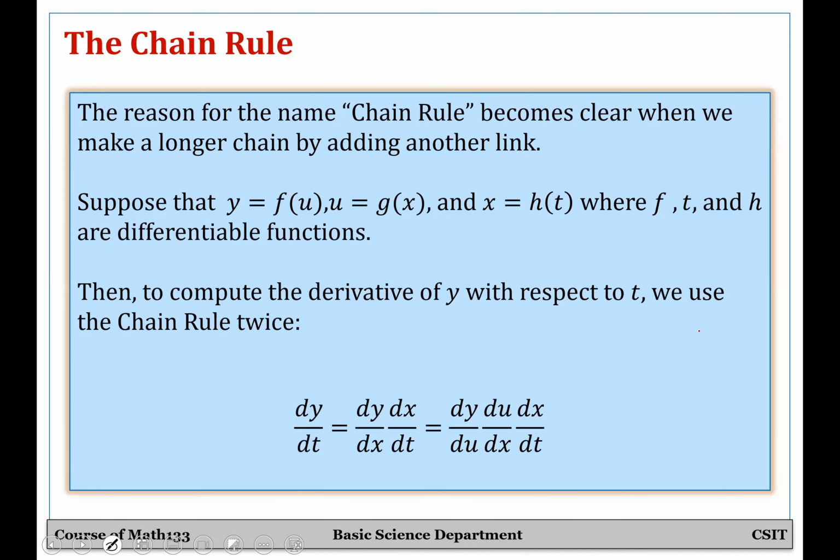Now the chain rule applied to many compositions, at least 3, let's say. The same principle will apply. So again here for a composition of 3 functions, the same principle. I will write for you how to deal with this situation.